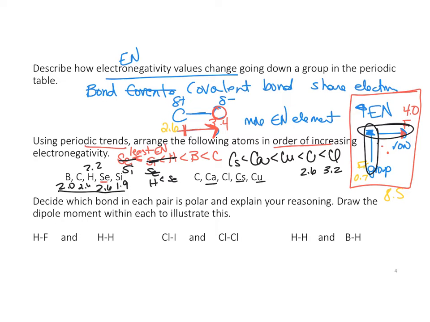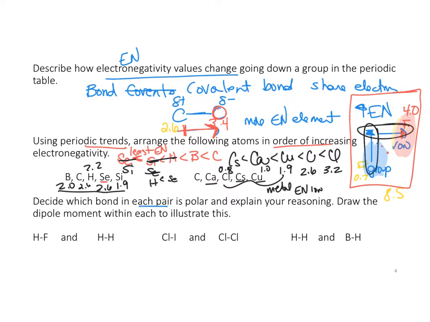Copper is a metal, so it's going to be less than the non-metals, 1.9, and calcium is 1.0, and cesium is 0.8. So metals are going to have a lot lower electronegativity compared to nonmetals. So when you get into this part of the periodic table, these are going to have really high electronegativity values, and these are going to have very low.